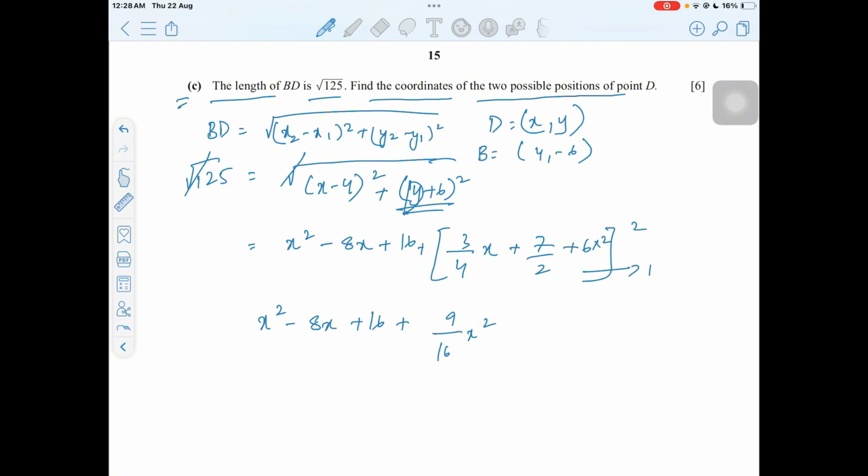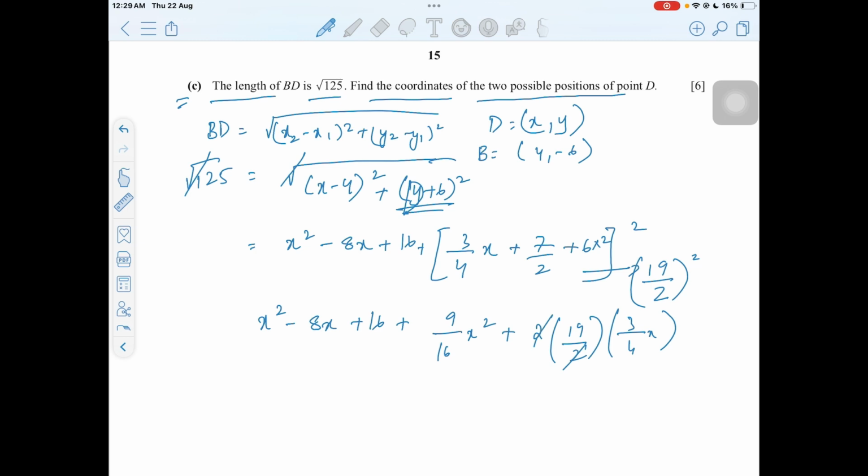This was 19 upon 2, and this will be whole squared. This will be 2 into 19 upon 2 and multiplied by 3 upon 4x. This will be cancelled out.